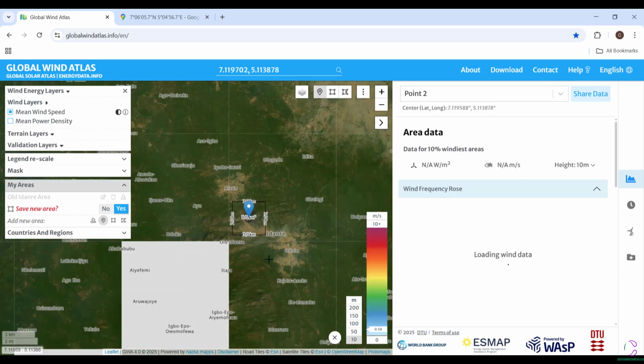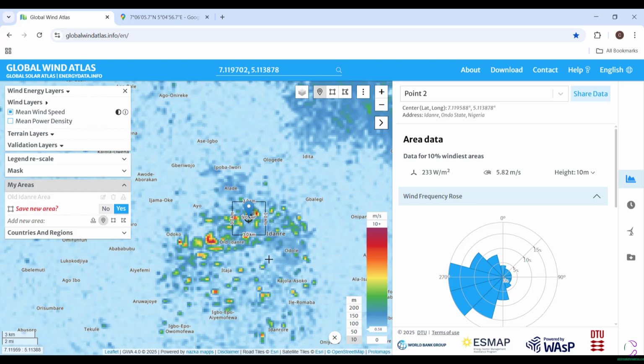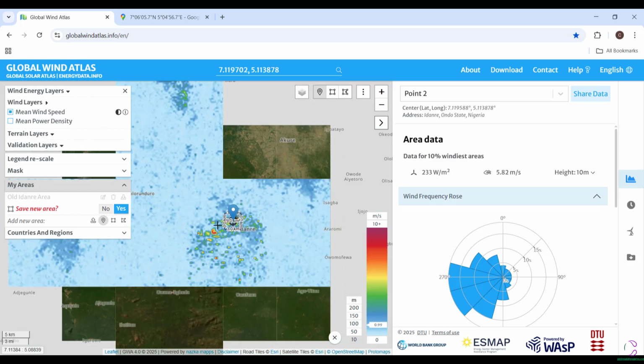So where you have inhabitants again, you have 5.8 meters per second. So it's viable within Idoren town of Ondo State in Nigeria. So this is how you use it to estimate in all other locations.